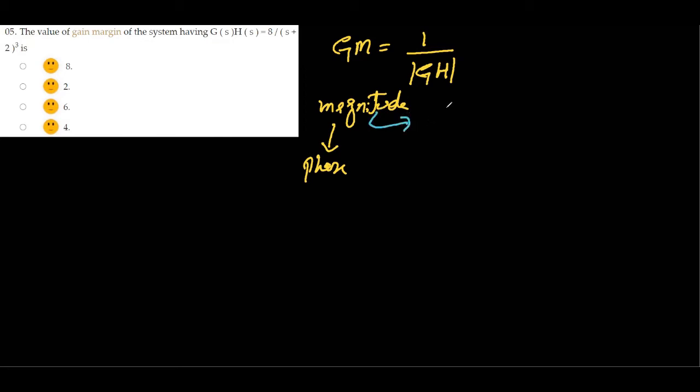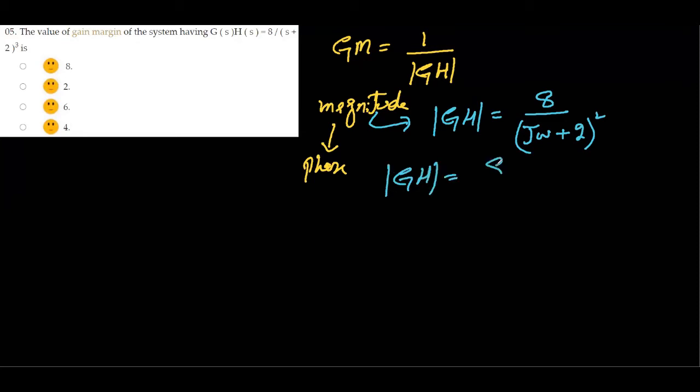As we know, the magnitude of G into H will be equal to 8 divided by (S plus 2) whole cube. Instead of S, I can write j omega plus 2 whole cube. So magnitude of GH, for A plus jB, is square root of A square plus B square.